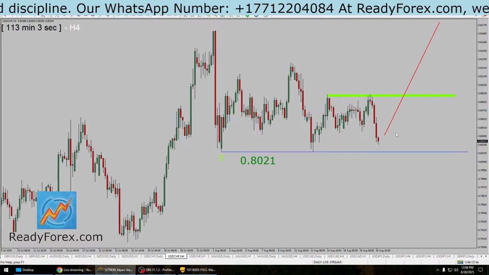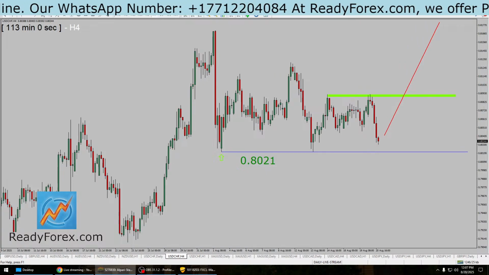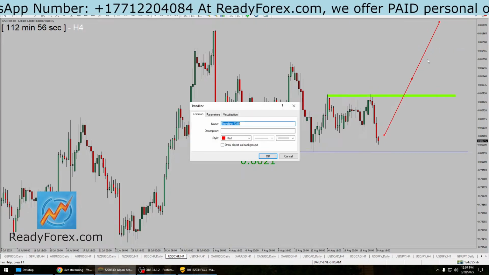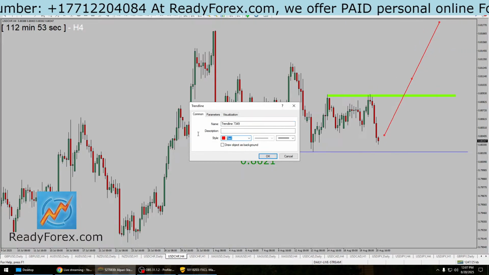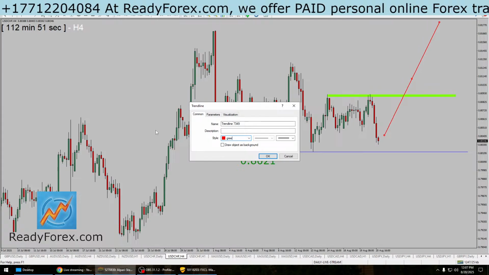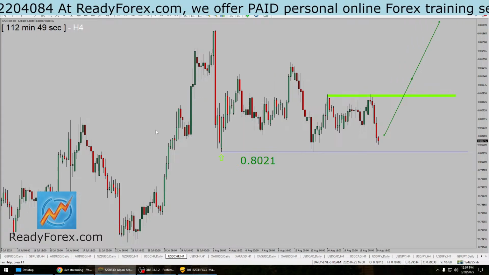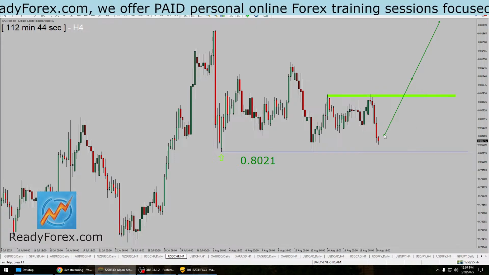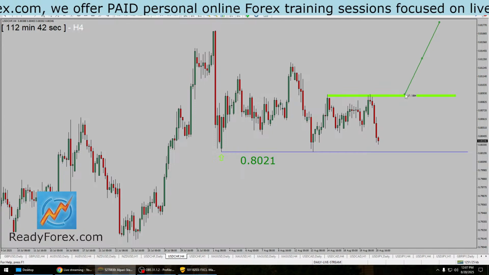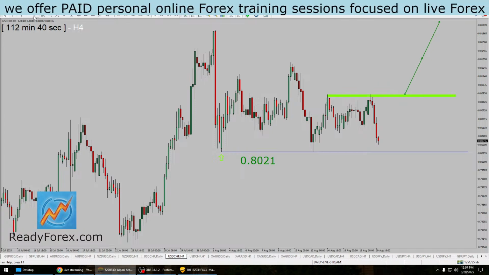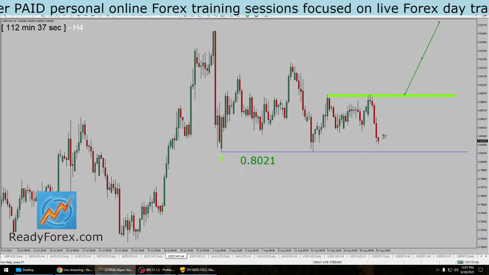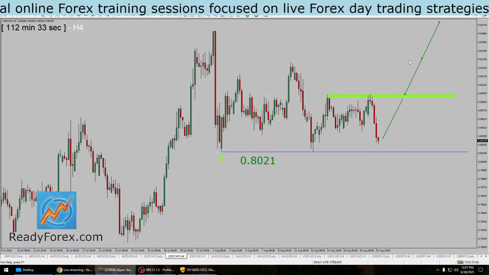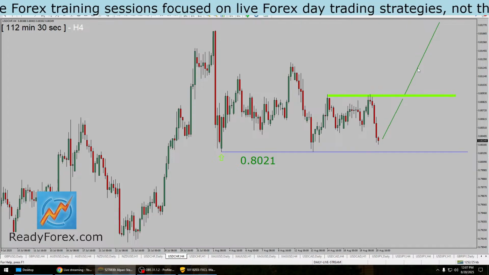Okay, so the way I see, let me change the color of this trend line to green. Okay, so if we do get a bullish breakout over here in US dollar Swiss franc, okay, then expect more upside in USDCHF currency pair.